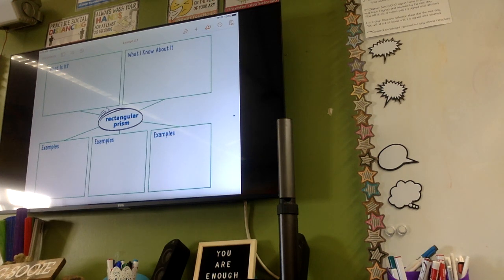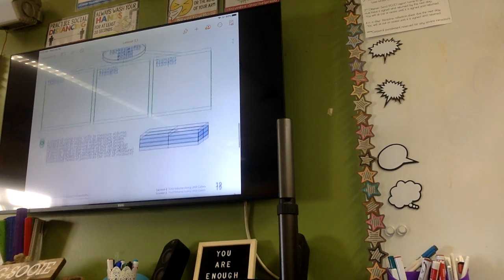And then you have 3 examples. If you have no earthly idea what a rectangular prism is, look back there on that bulletin board. There's some pictures of some rectangular prisms you could use as your examples. So that gives you some examples right there. All right? So, let's keep going.